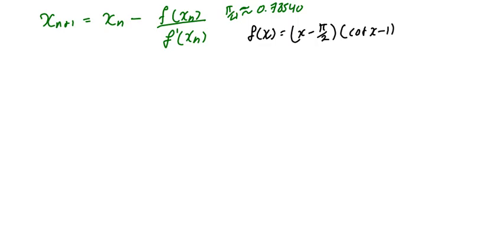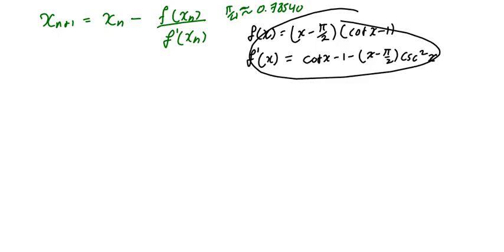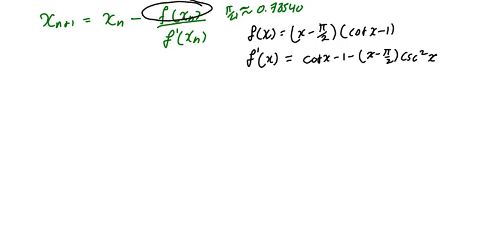Then our derivative f prime of x equals cot x minus 1 minus (x minus pi over 2) times cosecant squared x. These two are the ones that we need, because this is the function itself, and this is the derivative of the function.